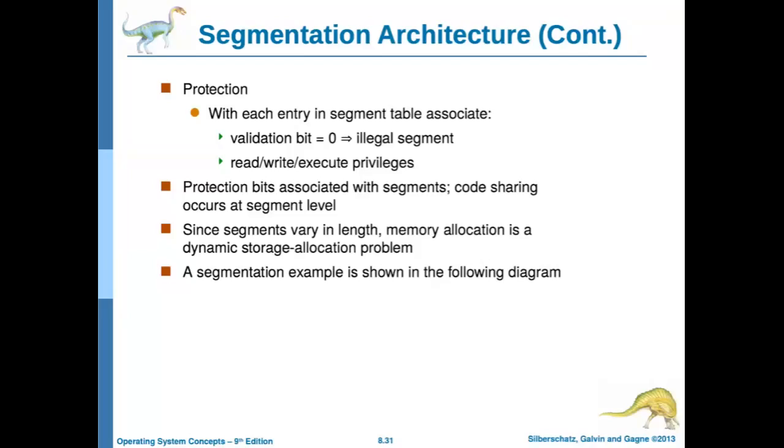Or you can imagine something like a square root function used by 10 different applications, 10 different processes. We'll have a single square root function loaded into the memory, and that will be shared between all the processes. That is only possible because the square root function will be available in a separate segment, whether you are allowed to execute it or not. So that can be given with the protection bits, read, write, execute kind of protection bits.